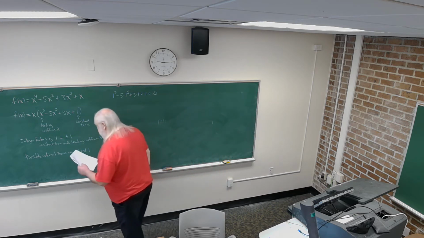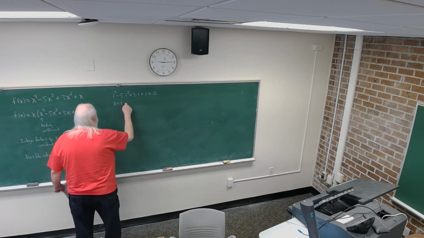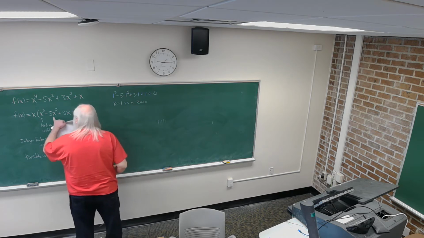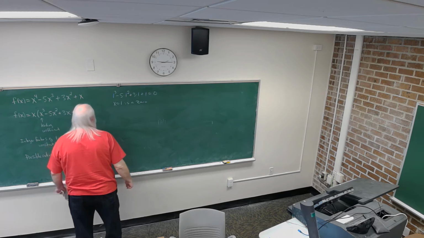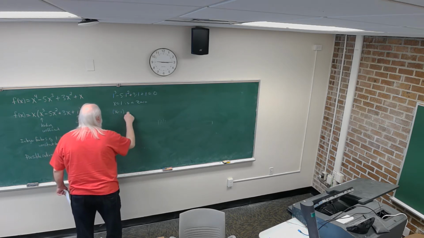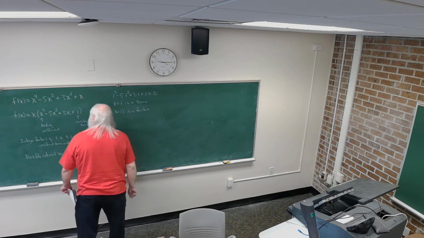So x equals 1 is a 0 of our third degree polynomial. And it's also a 0 of our fourth degree polynomial, right, by default. And x minus 1 is a factor. Okay.